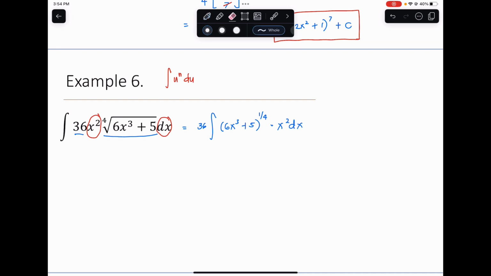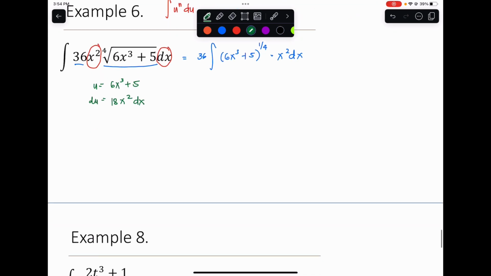So now we let u be 6x cubed plus 5. Our du then will be 6 times 3 is 18, times x squared dx, so 18x squared dx plus 0.